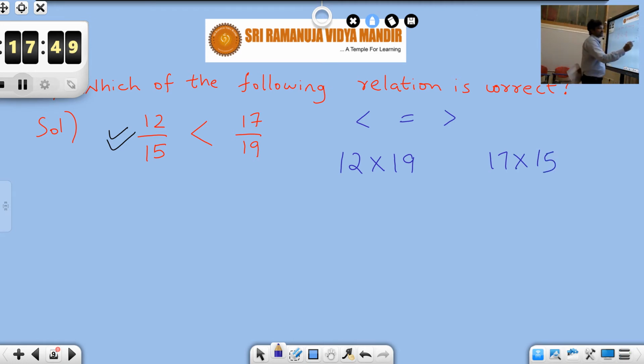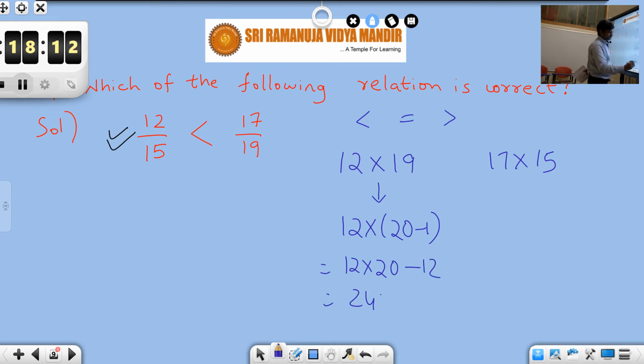We can write 17 into 15 as 16 plus 1 into 16 minus 1.